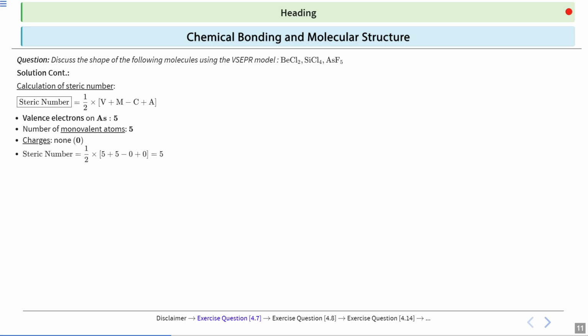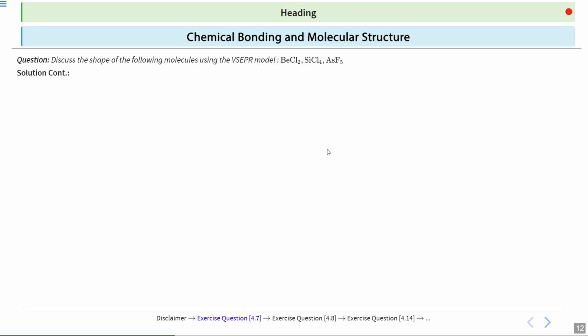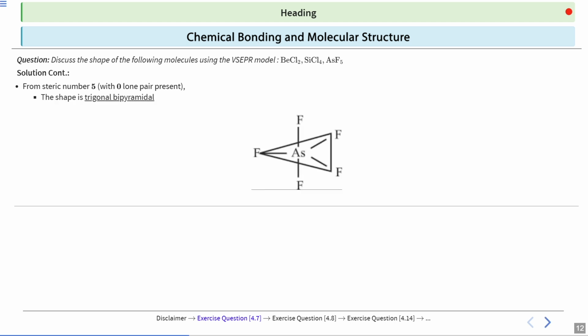So we can calculate the steric number as half into 5 plus 5 minus 0 plus 0, which gives the steric number total as 5. So for AsF5, what will be the shape? The shape with steric number 5 and 0 lone pair will be trigonal bipyramidal. So this is the final shape of AsF5. I hope this is clear to you.